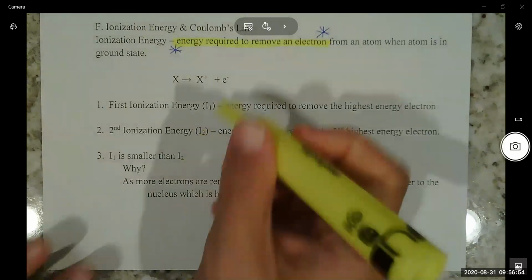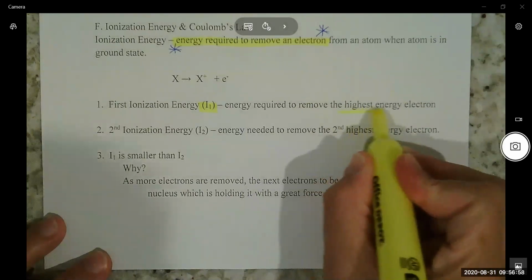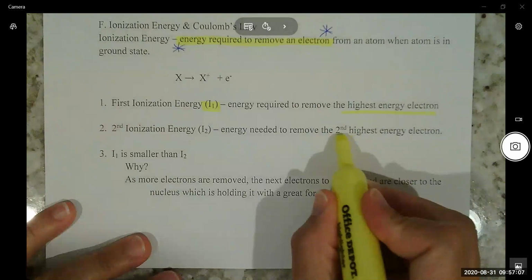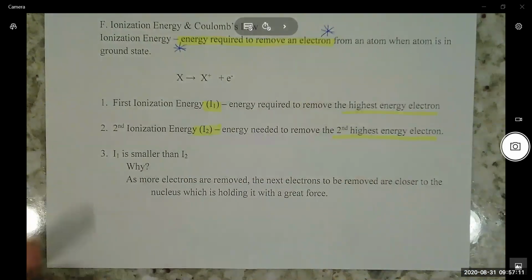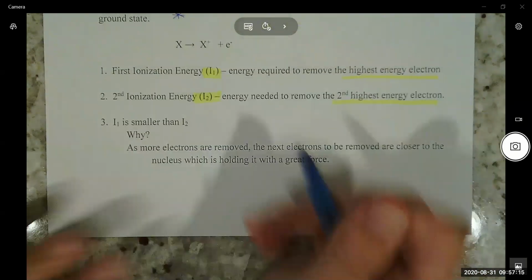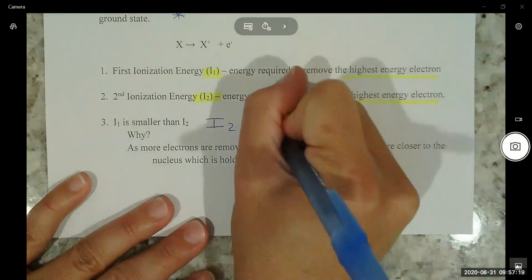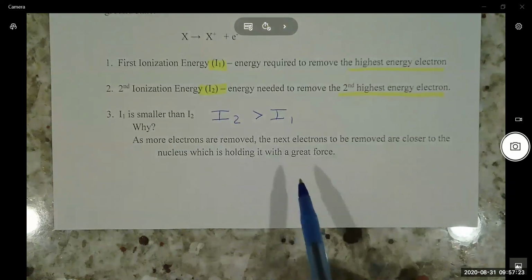The first ionization energy is how much energy is required to remove the highest energy electron, that first valence electron. The energy needed to remove the second electron is the second ionization energy. The second ionization energy is always greater than the first.